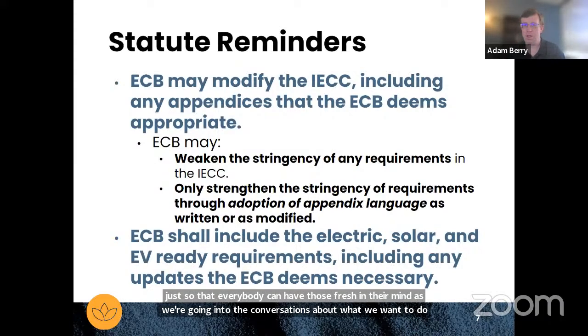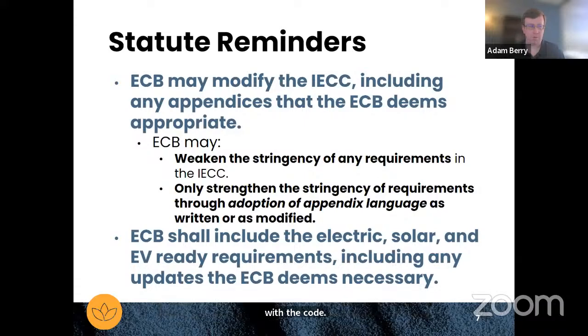The big one that we typically get the most questions about, like what can we do and what can we not do, is that first bullet, which is allowing the board to modify the IECC, including appendices. When we talk about weakening or strengthening the stringency of requirements, that's where most of the questions come up.